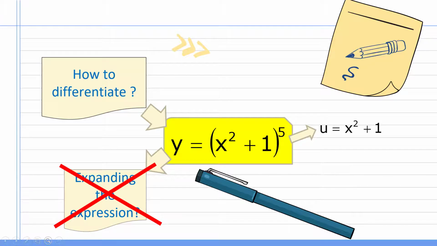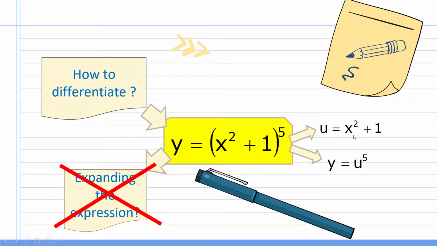We separate this function into two functions, because actually this is a composite function. Here you have u, which is x squared plus 1. The whole function in the bracket becomes u. Why do we name it u? It is just a common function name in differentiation.